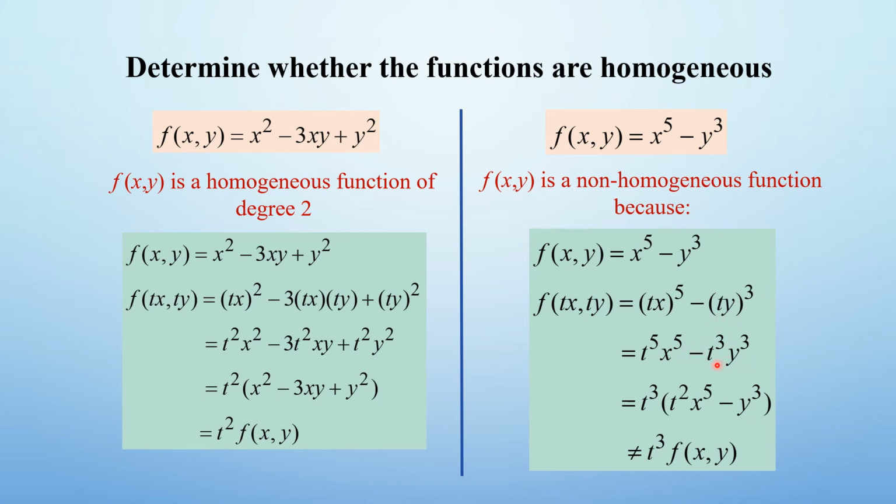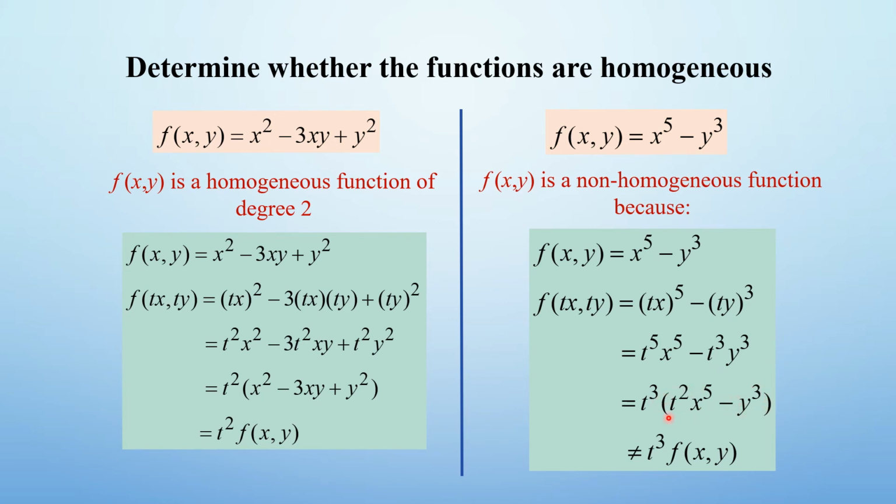Now t cubed is a common factor between these two terms. Factor out the t cubed, and for the first term inside this bracket we get t squared x to the power of 5, because t cubed times t squared gives t to the power of 5, minus, now after we have factored t cubed, the term here will be just y cubed.